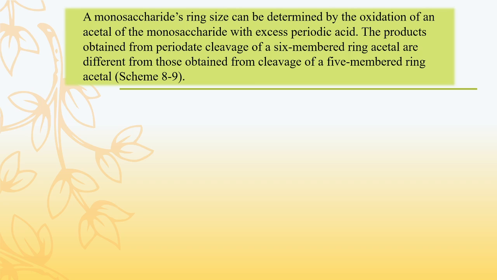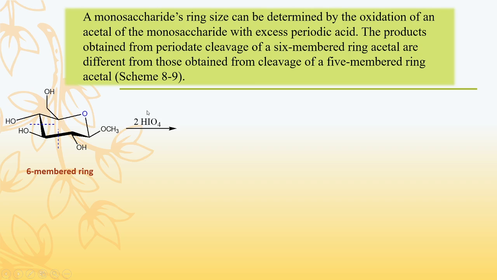So see the reaction. Here we have a carbohydrate, or sugar molecule, and it is reacted with two equivalents of periodic acid. What is the function of this periodic acid? When we react periodic acid with this sugar molecule, you can see these two OH groups and another OH group. These two OH groups are syn to each other.